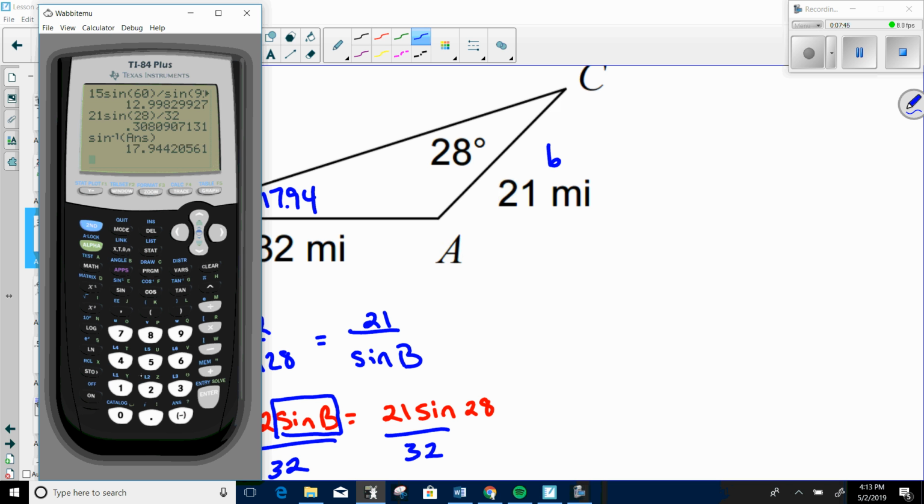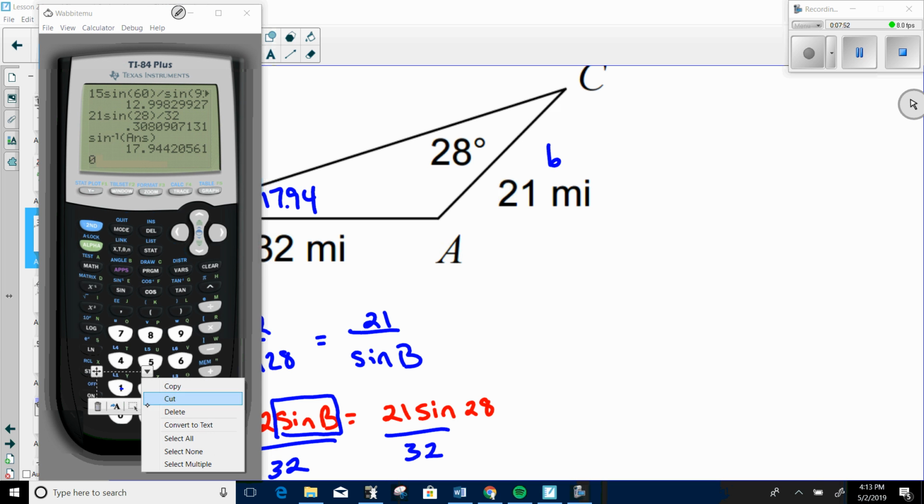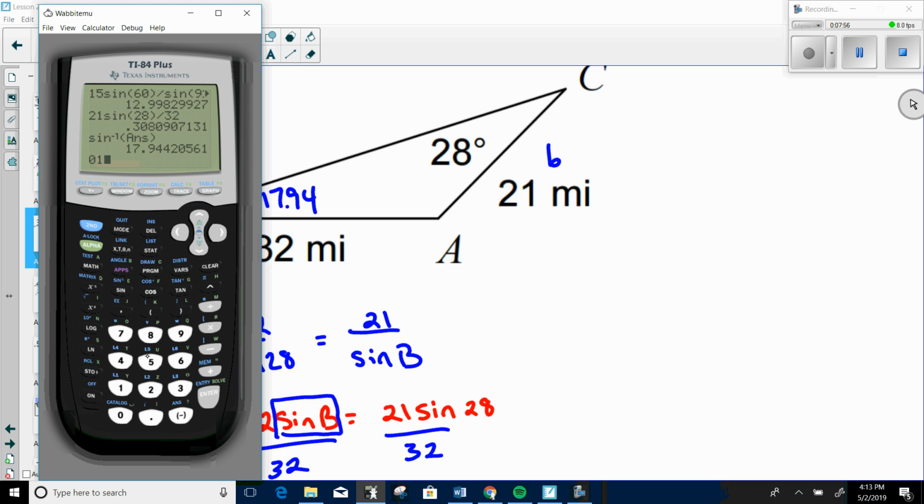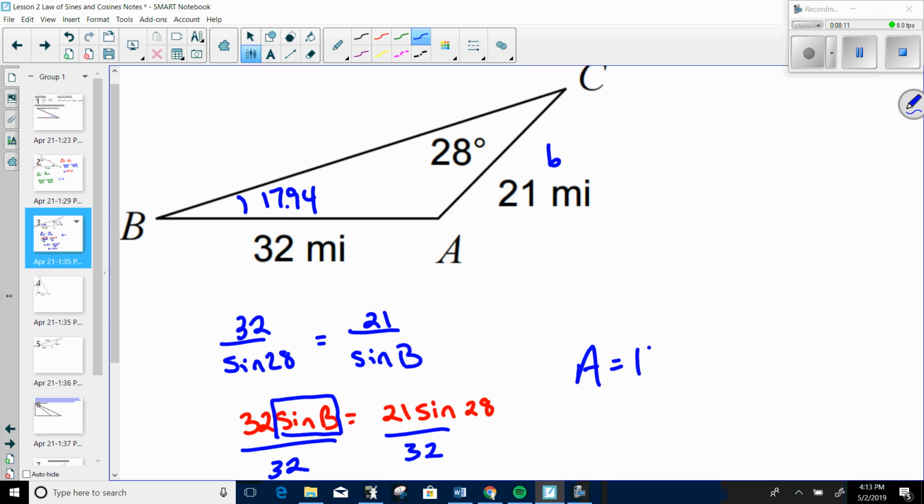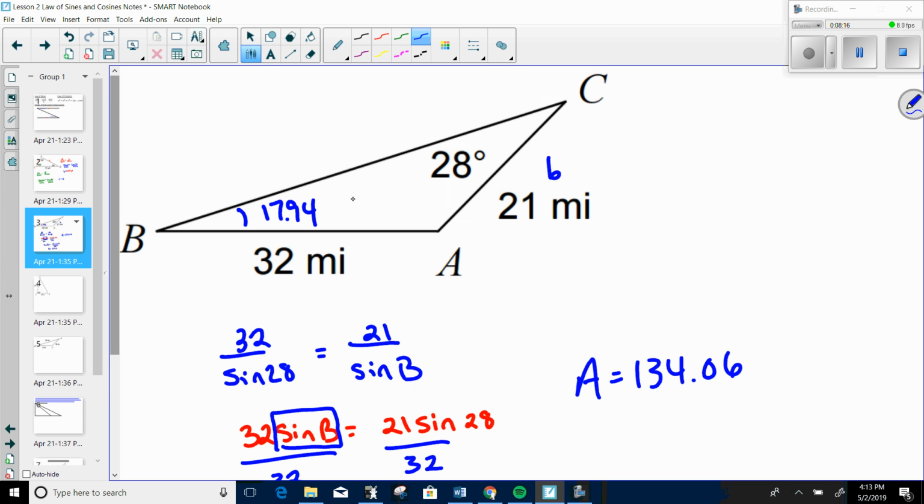So it'd be 180 minus the answer, minus 28. And you get 134.06. So this angle, angle A, would be 134.06.